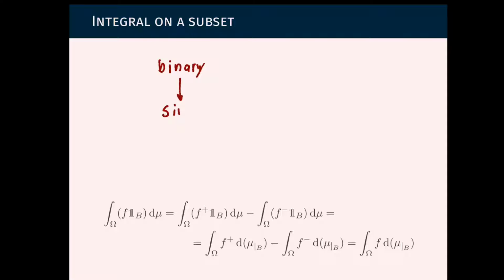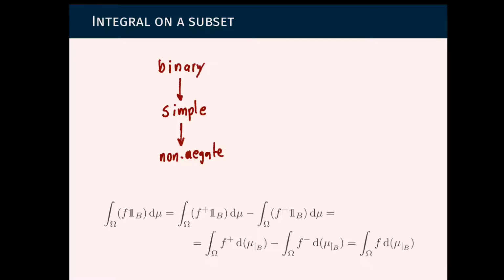This will give us simple functions. And by using the monotone convergence theorem and the fact that every non-negative extended Borel function can be approximated from below by a sequence of non-decreasing simple functions, we can combine that to bootstrap the same property for non-negative functions.